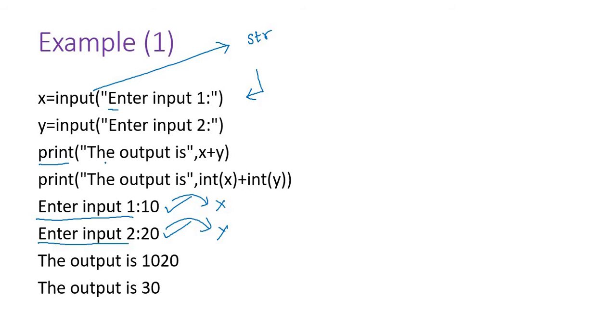When I print the output, x plus y, what happens? 10 is one string, 20 is another string. It will concatenate and print 1020. But we already discussed casting. If I use int of x, it will convert the string to int, so it will become 10.